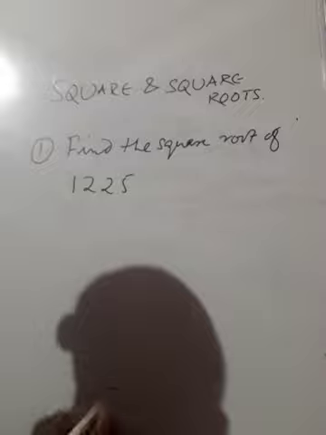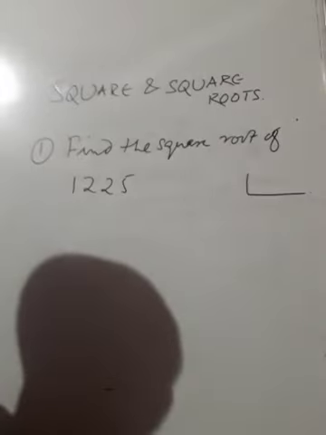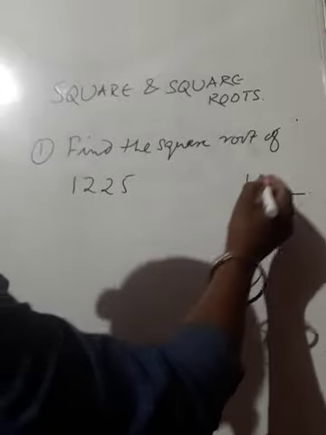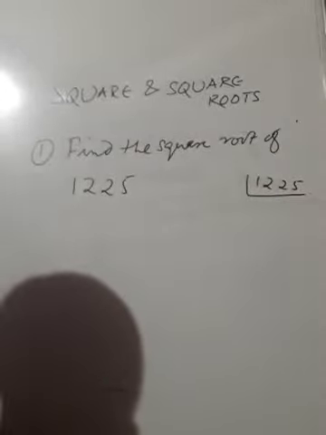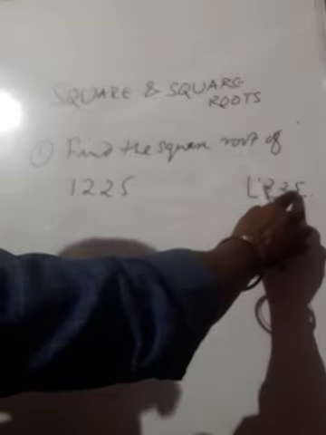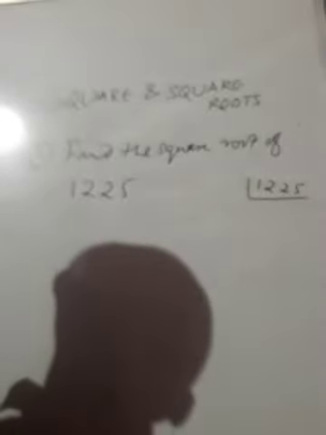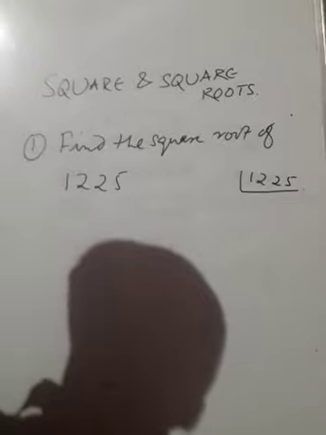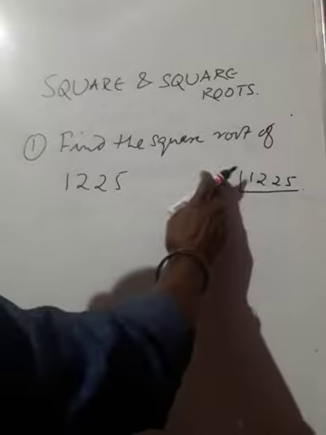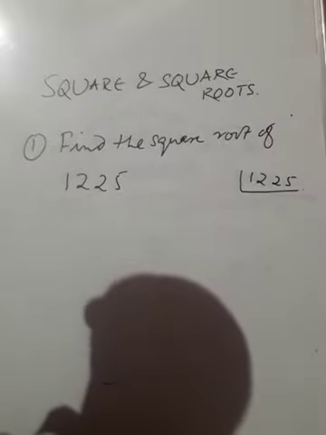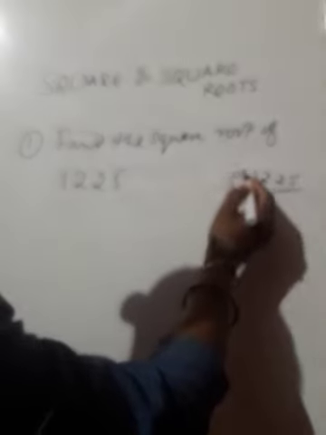First of all, in the similar way I factorize it. 1225. As this one's units digit is not 0, it is an odd number, so not divisible by 2. Any number which has the unit digit 0 or 5 is always divisible by 5. So I can take 5 here.